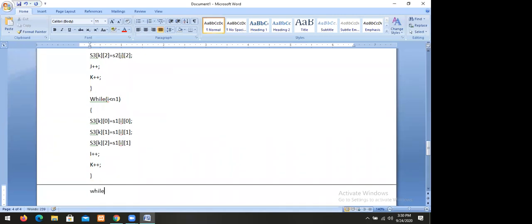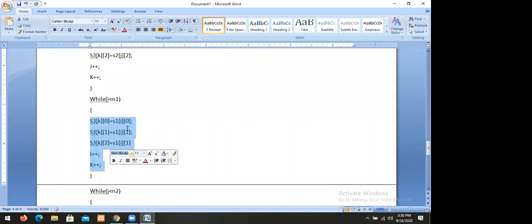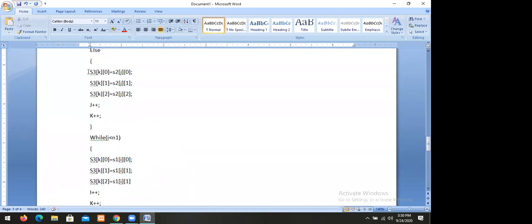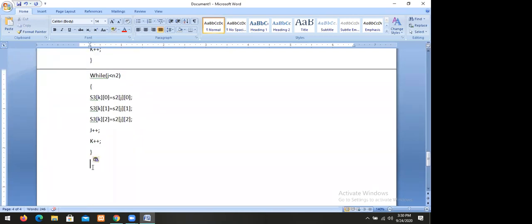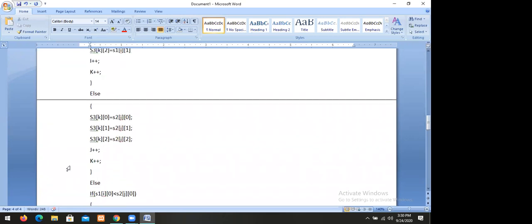While j less than n2, then copy the terms of the second matrix into the result. Finally, n3 equal to b. This is the final matrix. This performs the addition of two sparse matrices.